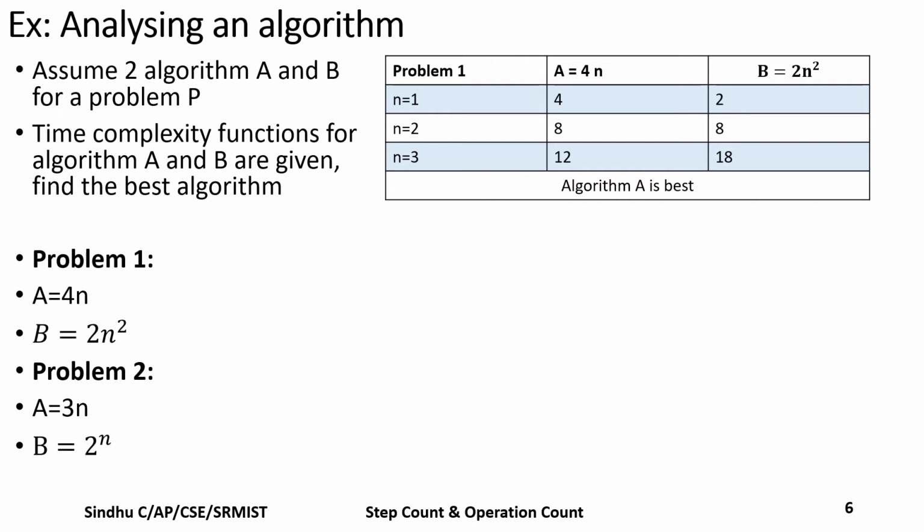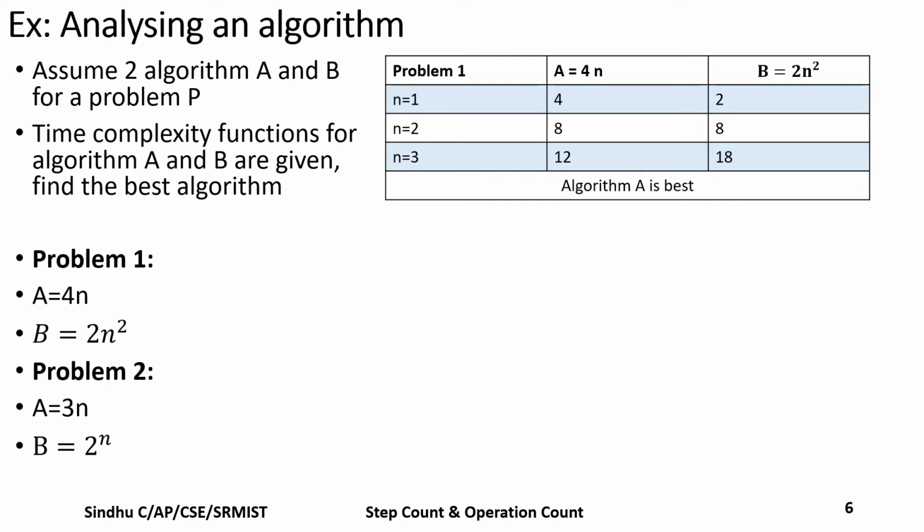So if n is equal to 1, A's value is 4 and B's value is 2. And if n is equal to 2, A's value is 8 and B's value is 8. If n is 3, A's value is 12 and B's value is 18. You can see that the value of B is increasing rapidly. So here we can easily identify that algorithm A is the best algorithm.